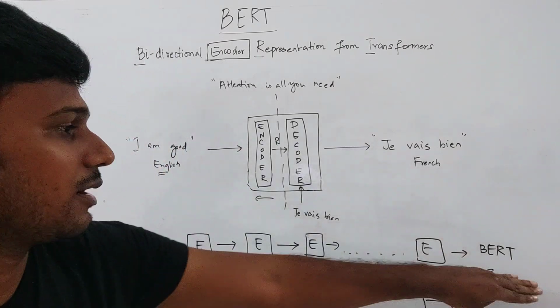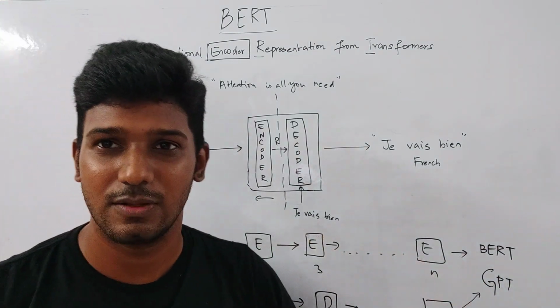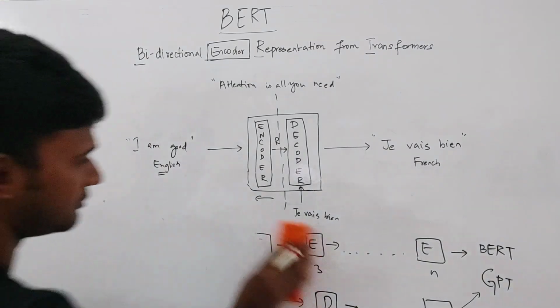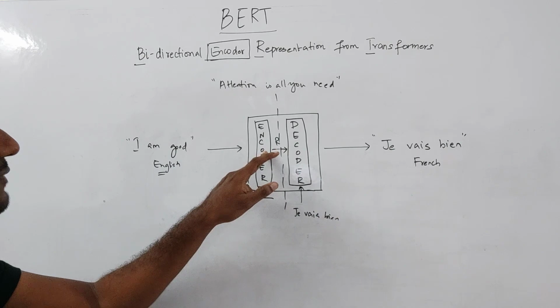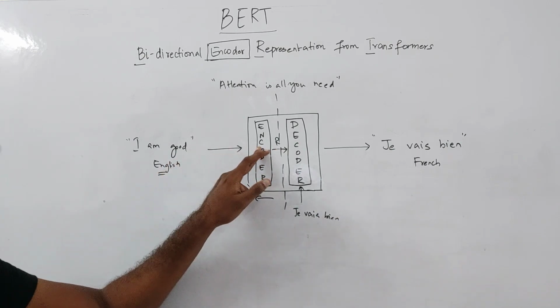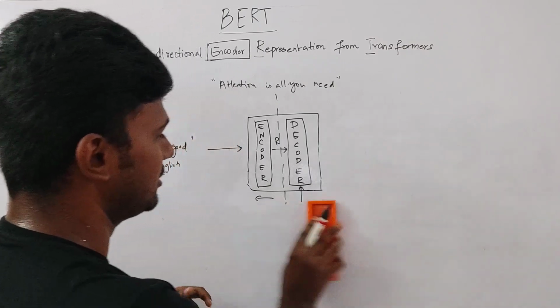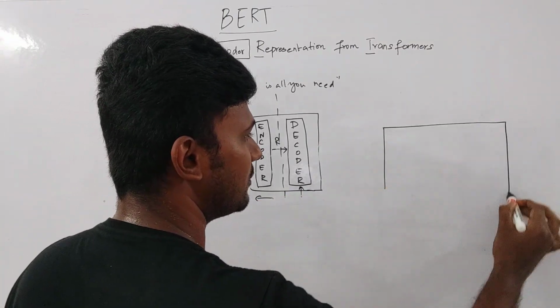So let's now concentrate on BERT, and since we are stacking up encoders on top of each other, we'll dive deep inside the encoders and see what happens there. All right. So we know that from the transformers, the input sentence is fed into the encoder, right? So let's see what's living inside one single encoder.